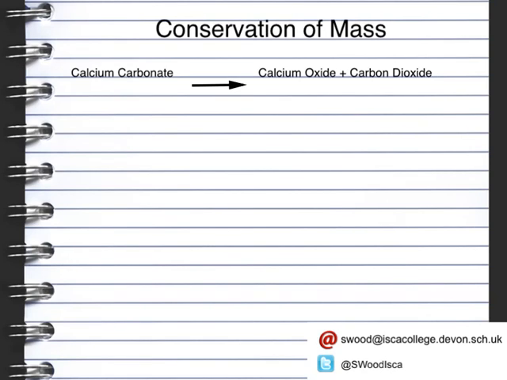Now conservation of mass is really very simple. Basically, whatever we have on this side of a reaction, we must have on this side of the reaction as well. Now what we'll do is we'll have a look at the molecular masses of these compounds here.